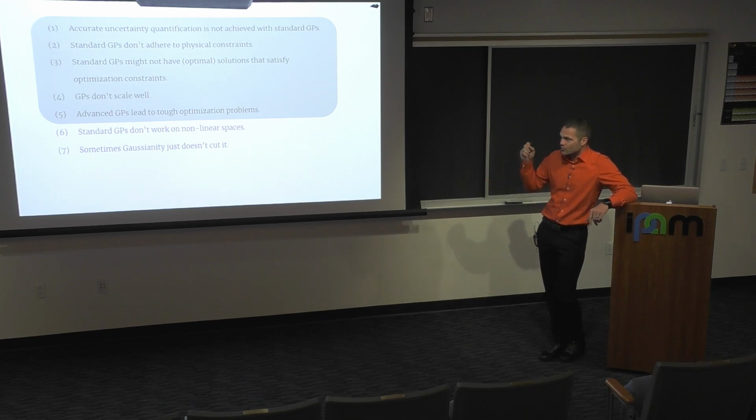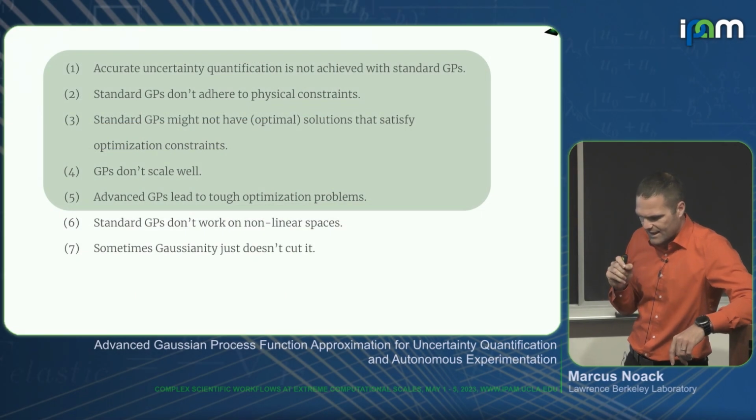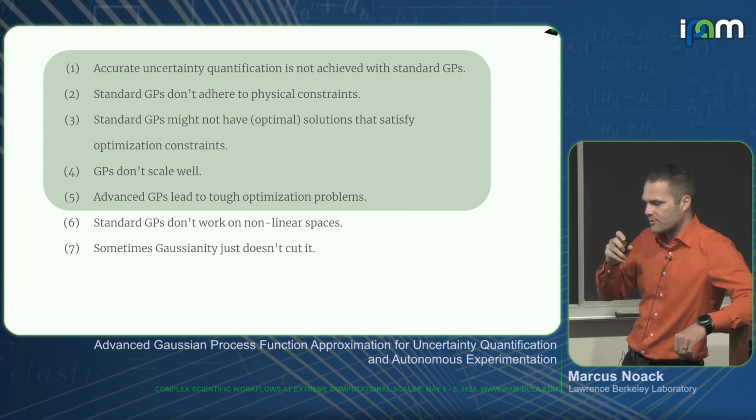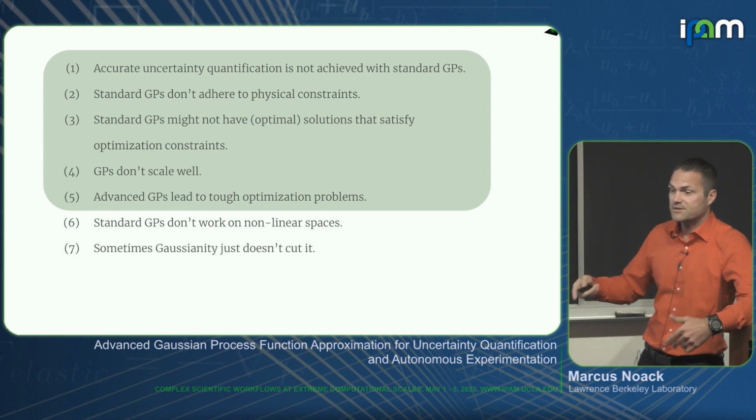There are 2 other really interesting challenges about GPs that came up so recently, and we've been working a little bit on them, but they're not ready to put in a talk. But I'm happy, if somebody's interested in that, to talk about it later in the break. So number 6, standard GPs don't work on nonlinear spaces. That's really interesting.